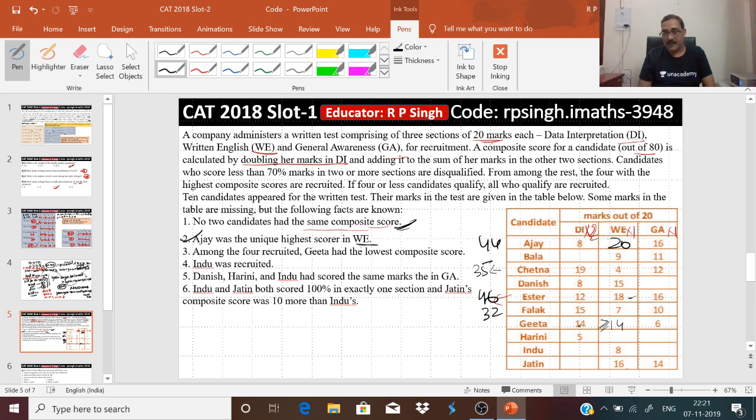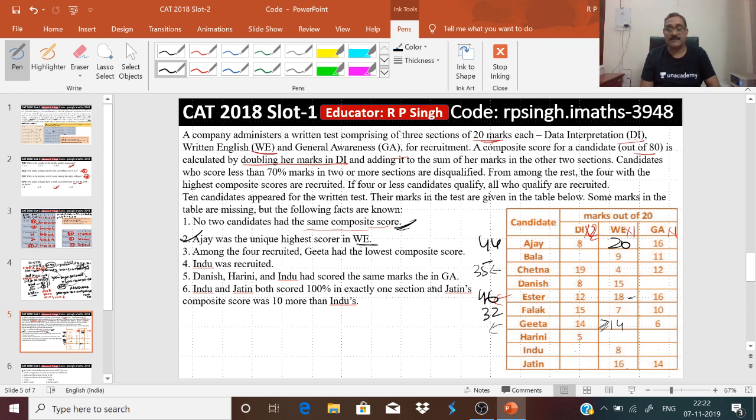So her score should be 28 minimum, मतलब 34, 33 onward, right? Because 32, 35 तो already है. So we will check it. Indu was recruited, means definitely Indu का दोनों section का score more than 14 है.